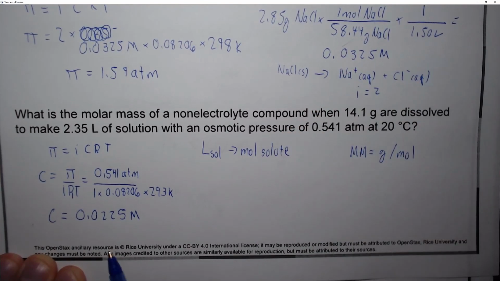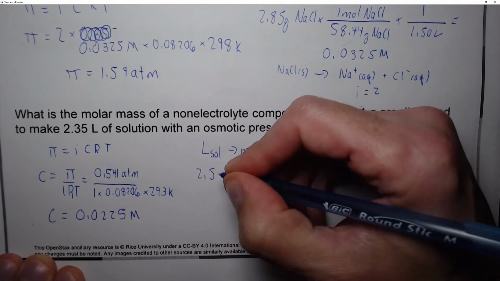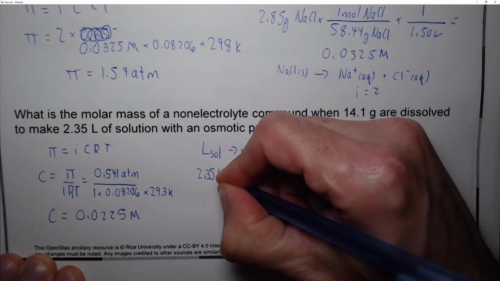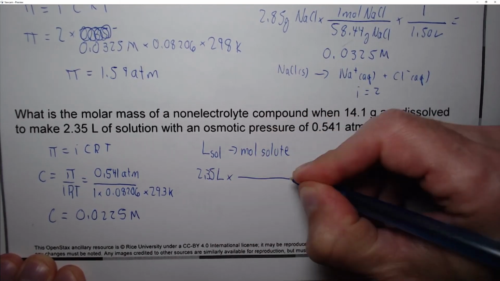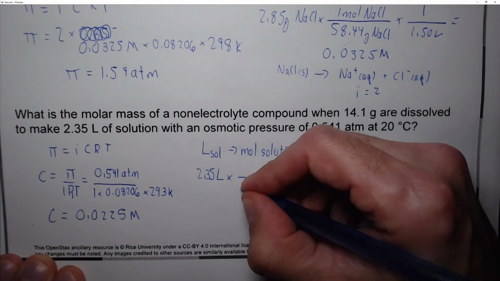How do I convert from liters to moles? I use the molarity. So if I start with 2.35 liters of solution times what 0.0225 molar means is 0.0225 moles per liter. Per how many liters? 1 liter.